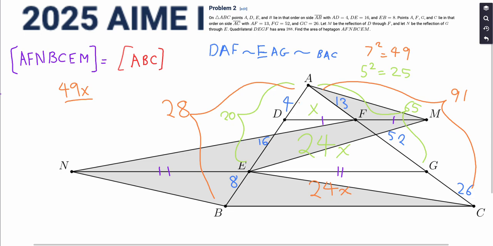And so the way we can do this is, well, we already know that 24x is equal to 288, right? It's given in the problem. And now we can multiply both sides by 49 over 24.